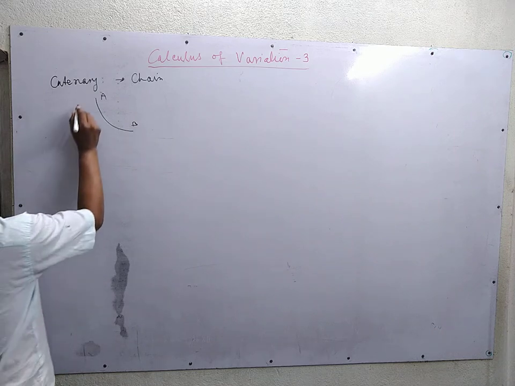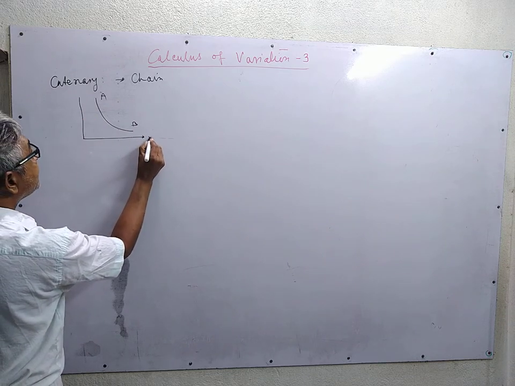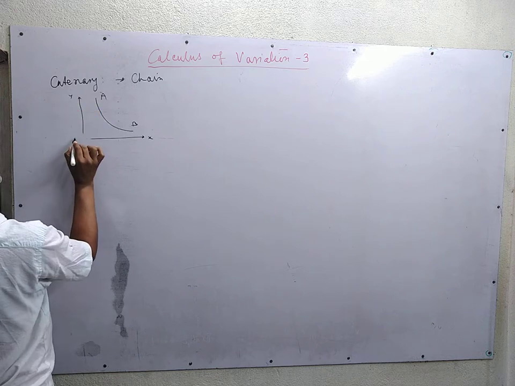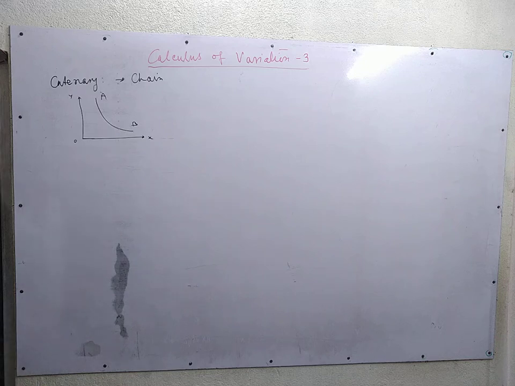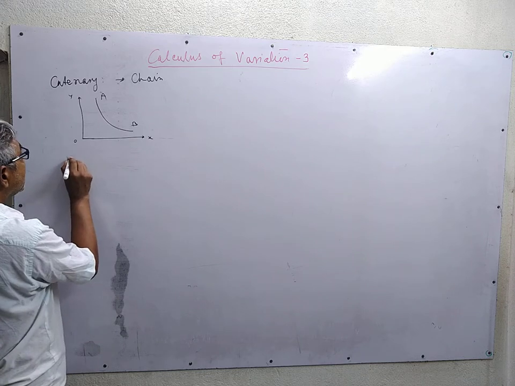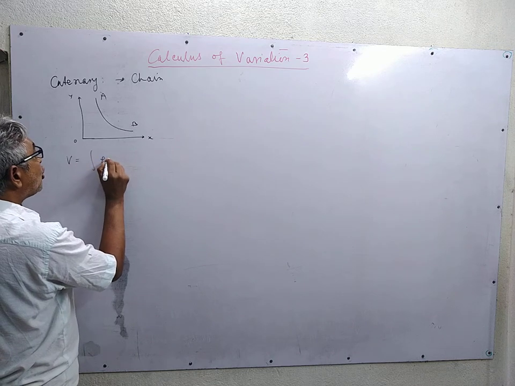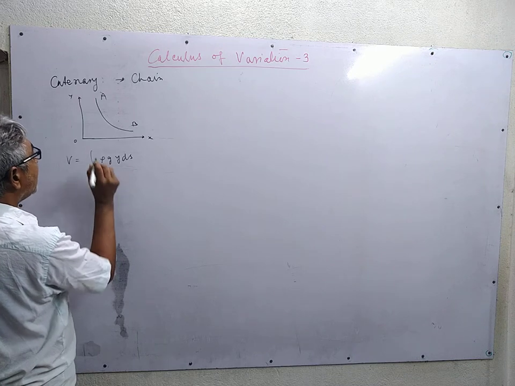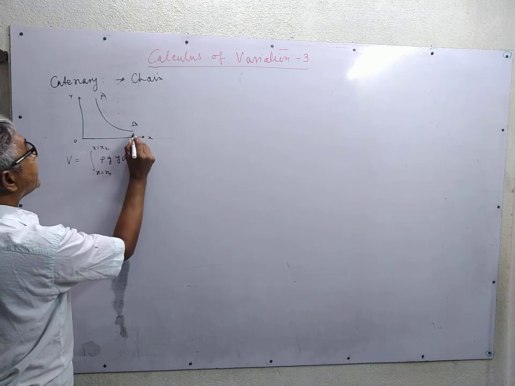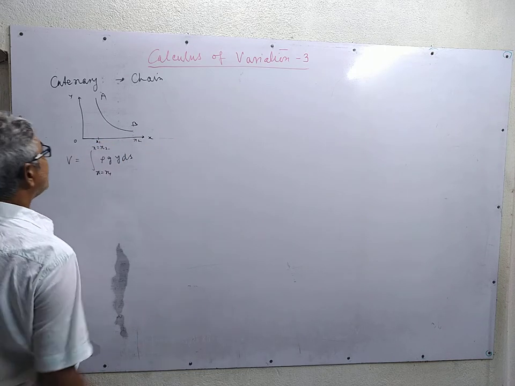Here the principle is that the gravitational potential energy is a minimum. If we consider x and y axes, with y being the vertical axis, and the y equal to 0 level as the zero level of gravitational potential, then the potential energy V of the chain is given by rho g y ds integrated from x1 to x2.